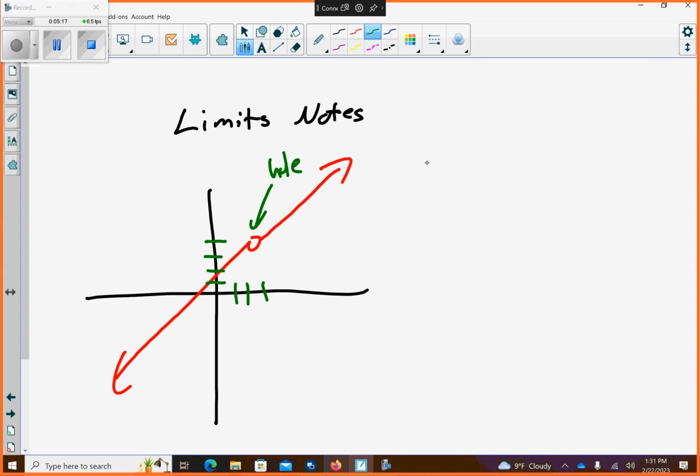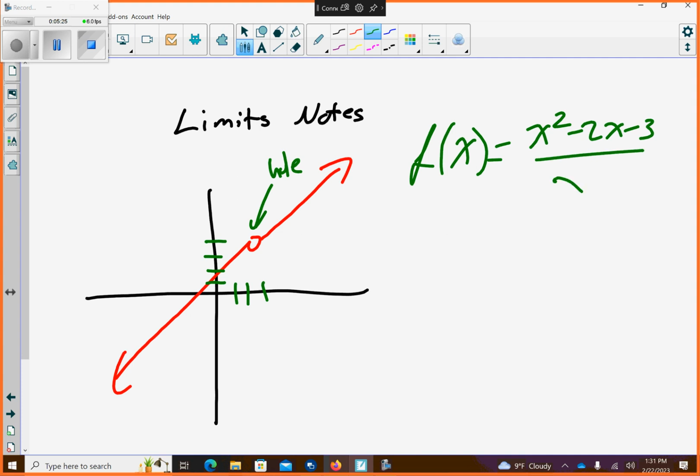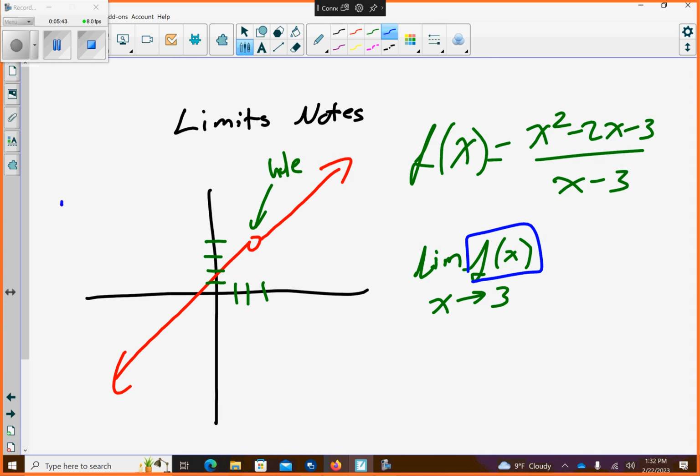So if they were to say the given equation is this, and they said, what would the limit of f at x be? I'm going to explain this in easier terms. We have to realize that f at x is the same thing as y.